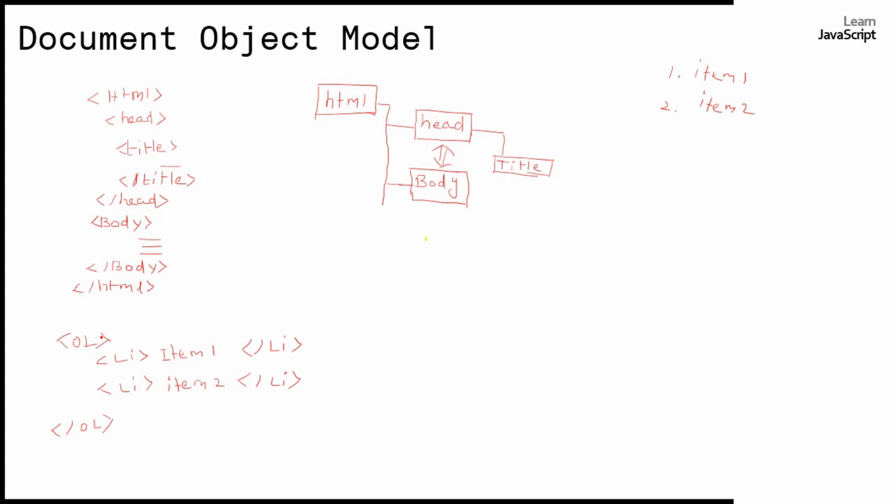So if you see here, ordered list, and then we will have list items inside the ordered list. So here OL is the parent for two sibling list items.